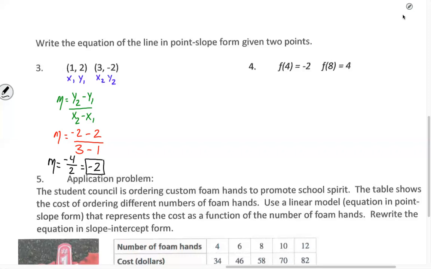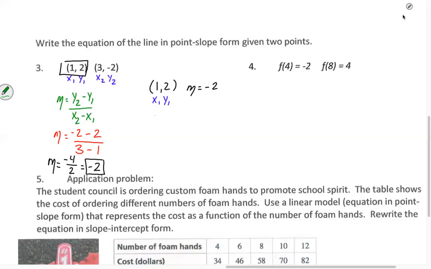Now that I have my slope and I have a point, which point do you like? 1, 2, or 3, -2? 1, 2. So we have a point and a slope, and now I'm just going to plug it in. I have the point 1, 2, and my slope of -2. Let me label it x1, y1.